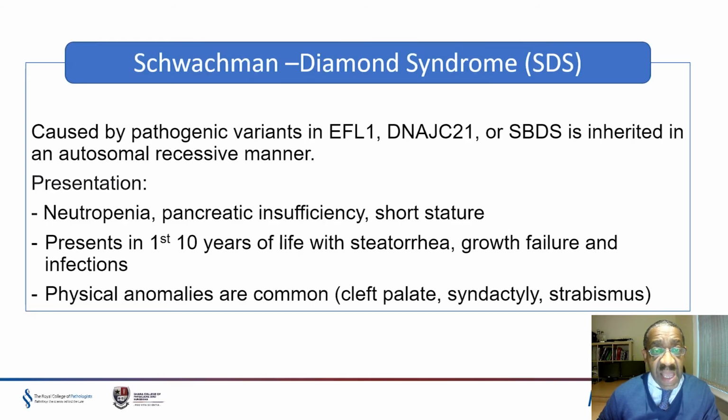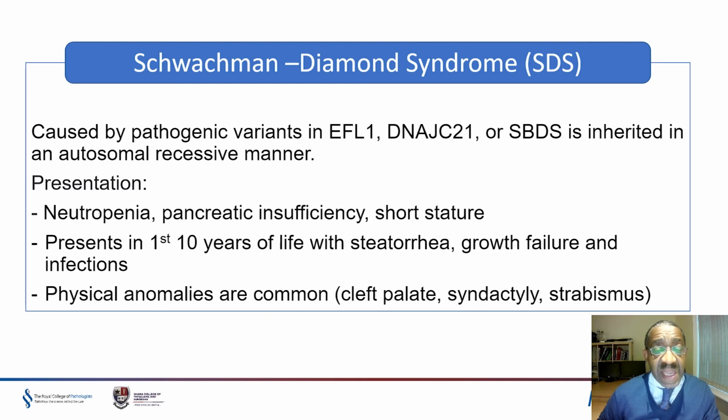Shwachman-Diamond syndrome is another congenital disorder where neutropenia is quite apparent. It's caused by a number of variants, but the SBDS is probably the best described mutation.